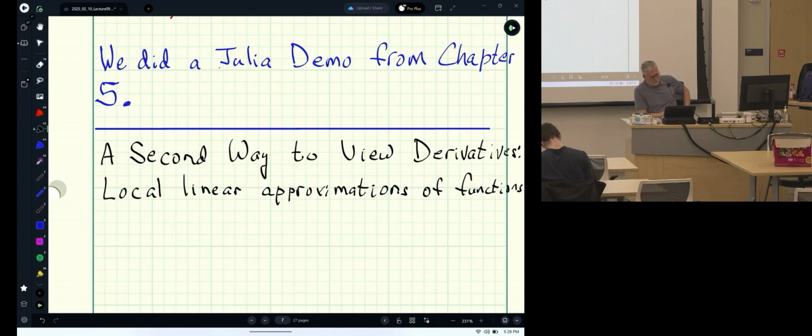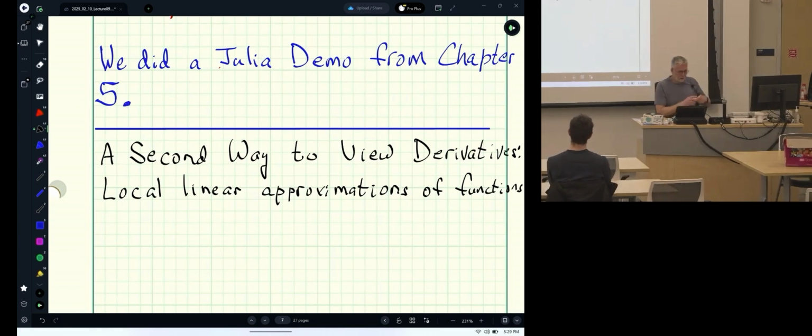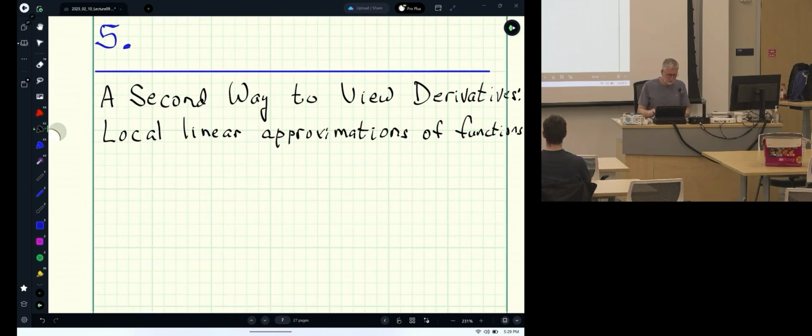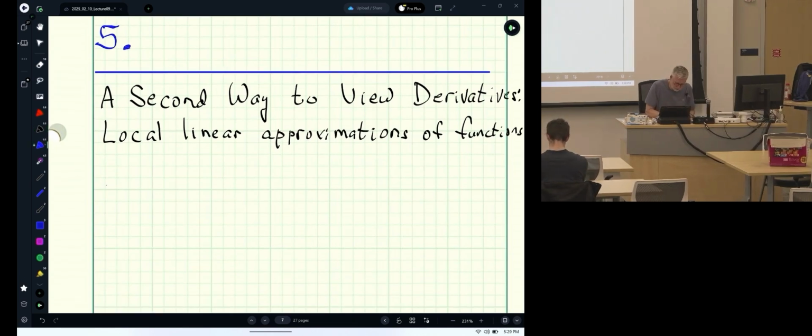I want to do this somewhat carefully in the single variable case, because when we go to the case of multivariable functions, it'll be much easier if we do this just a little bit carefully. So here's the setting.